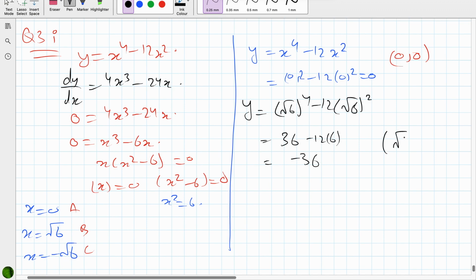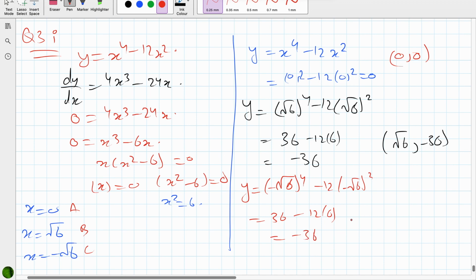The second coordinate is square root 6 and negative 36. The third would also be the same as the powers are even. So negative square root 6 will result in a positive value. Minus 12 negative square root 6 whole square will again result in a positive value, which is negative 36 again. So at negative x, this is negative 36.